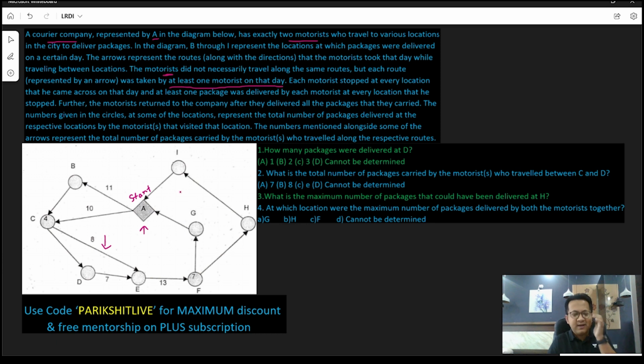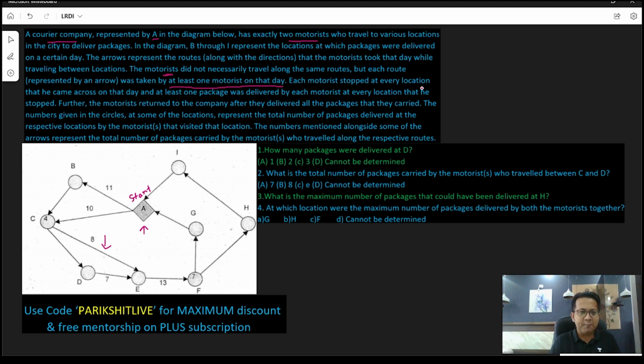So it is possible that one route was taken by two motorists or one motorist, but every route was taken by minimum one motorist.